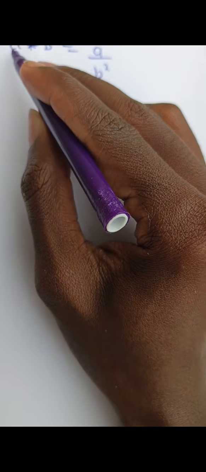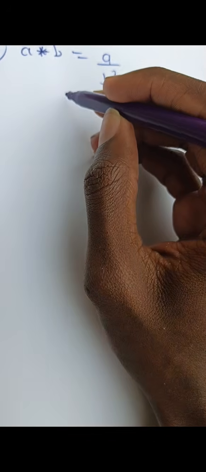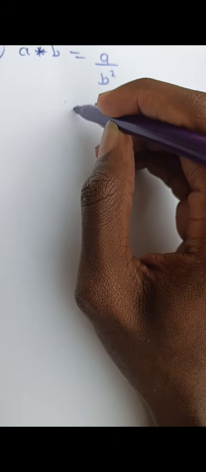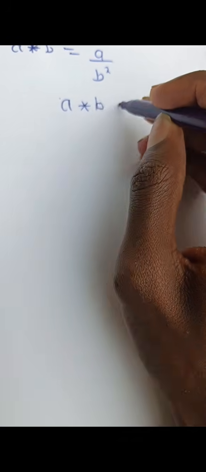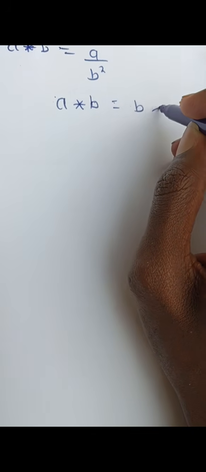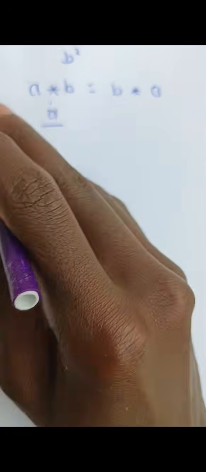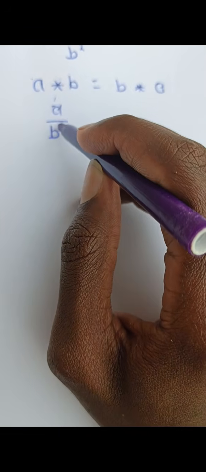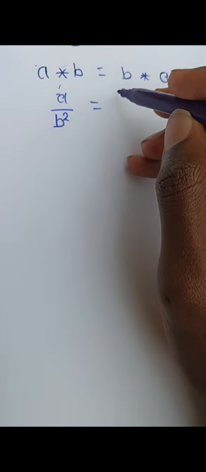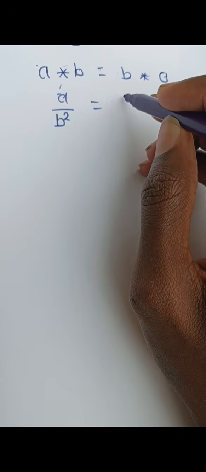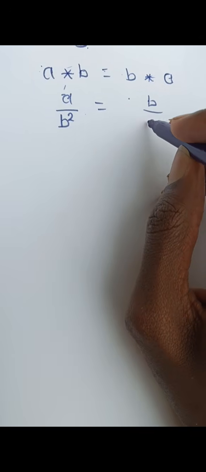They're saying, is the operation commutative? So when the operation is commutative, it means that A binary B should be equal to B binary A. This means that when you get the expression given, A over B power 2 should be equal to, when you swap the letters, where there's A you put B, where there's B you put A, power 2.